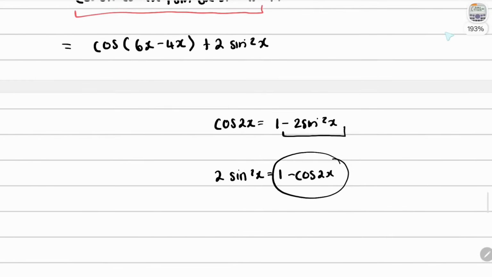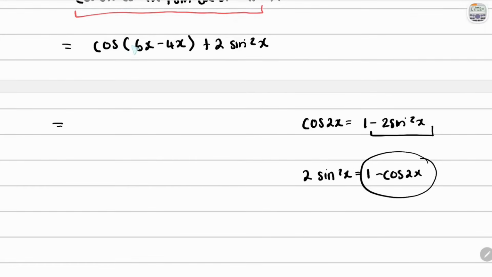So that will be helpful. Meaning this is equal to, that simplifies to cos 2x, and that simplifies to positive 1 minus cos 2x. And now you see that cos 2x and cos 2x would cancel, and your answer is finally 1.